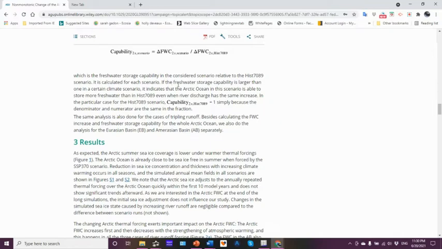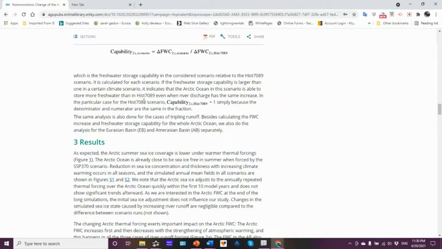If the freshwater storage capability is larger than 1 in a certain climate scenario, it indicates that the Arctic Ocean in this scenario is able to store more fresh water than in the historical 70 to 89 period, even when river discharge has the same increase.